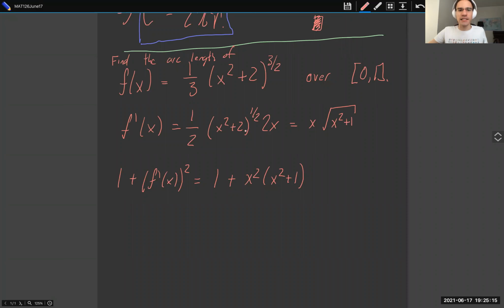Okay, sorry, it's x squared plus 2, not x squared plus 1. That's the problem. Whoops. There we are, much better. Okay, so if I expand this, that's equal to x to the 4th plus 2x squared plus 1.